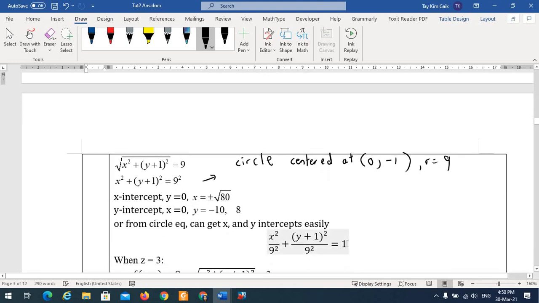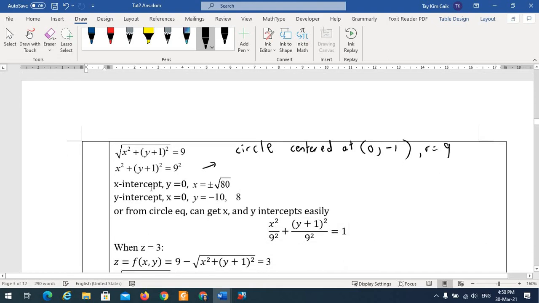So it's either you want to do it this way, or you can find x-intercept, which happens when y equal to 0. So when y is 0, x squared plus 1 squared equal to 9 squared, this is 81, so x squared equal to 80, that's why x is positive negative square root of 80.